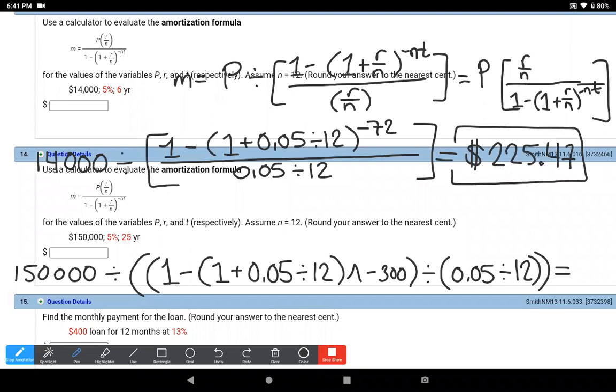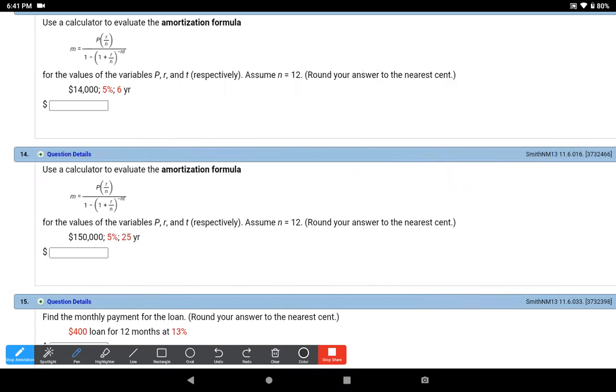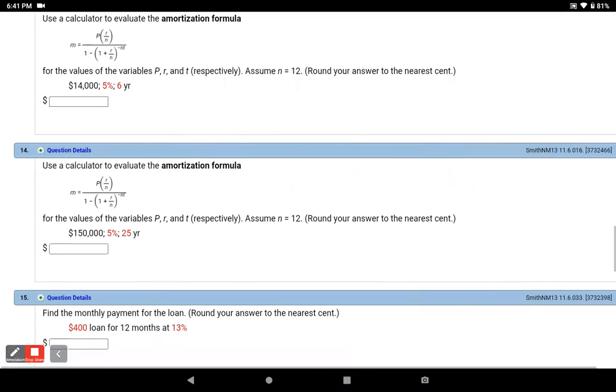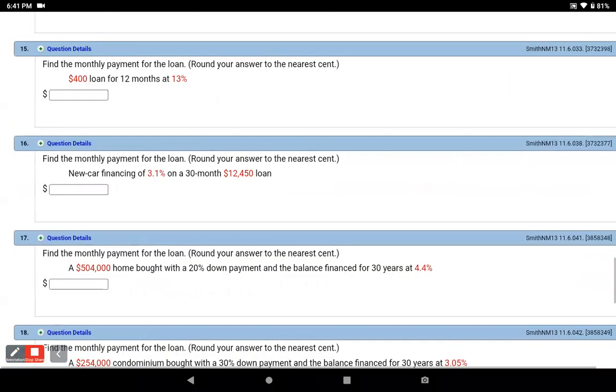We have an M value for number 14 of 876, rounding to the nearest cent, 89 cents. It's just a lot of calculator work. Lean into the formulas, right? You're welcome to have them with you at all times. So just write the formulas down and plug and chug the way that you have been, right?